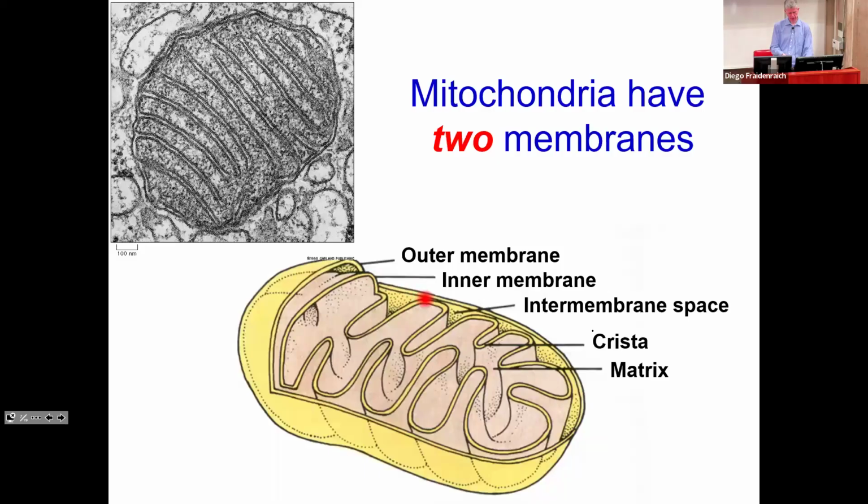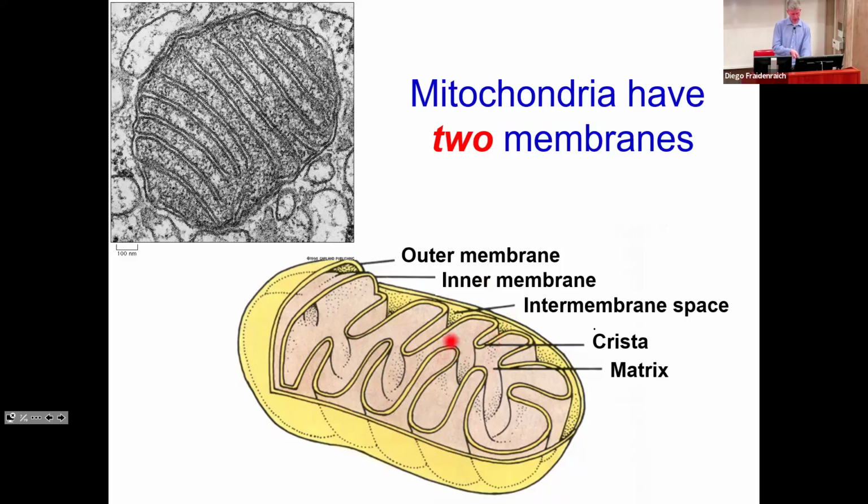There are contact sites between the outer and inner membrane. We will come back to this for protein transport into mitochondria. These contact sites play an important part in this process.